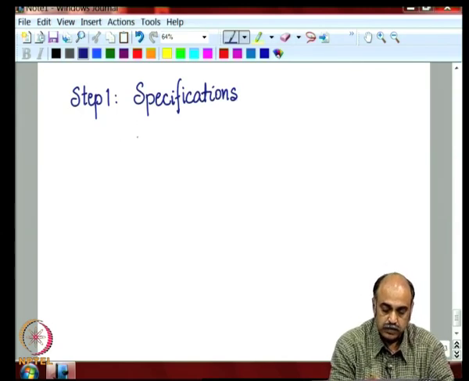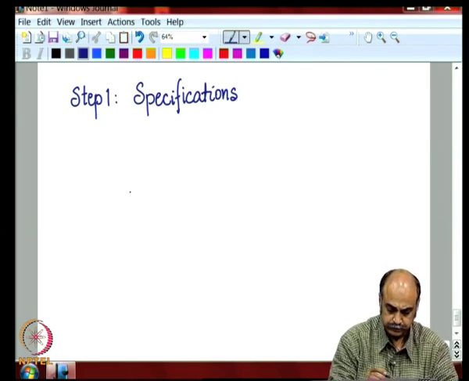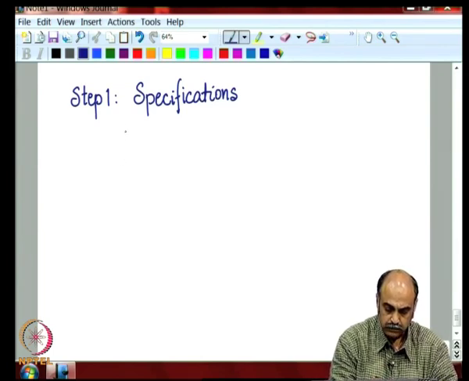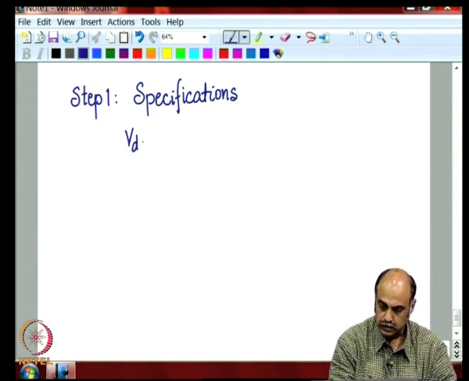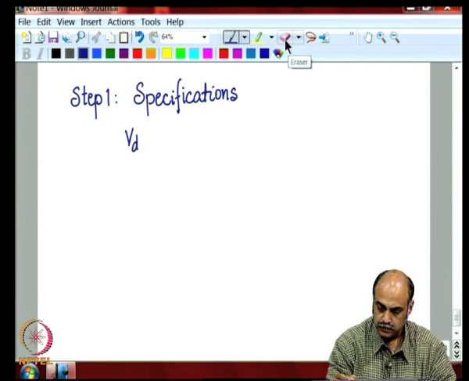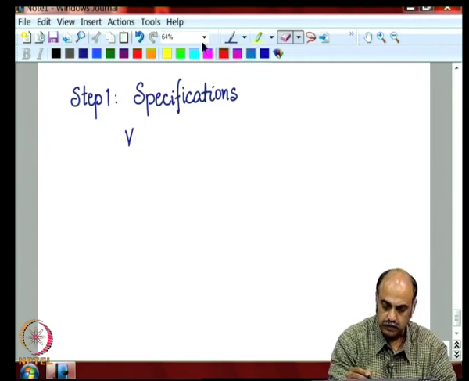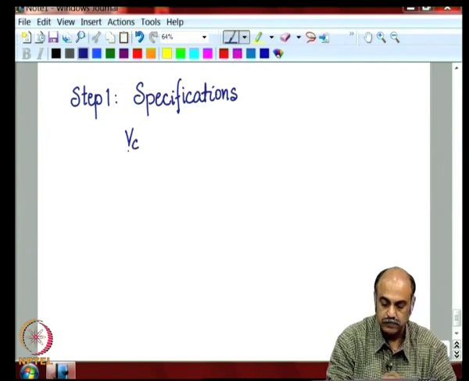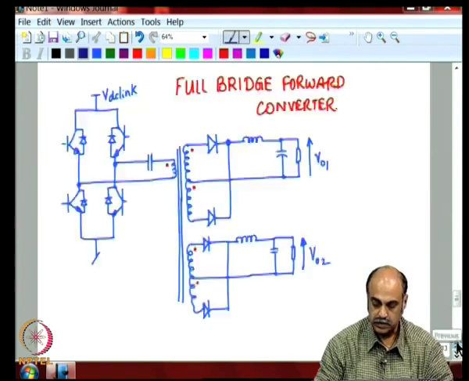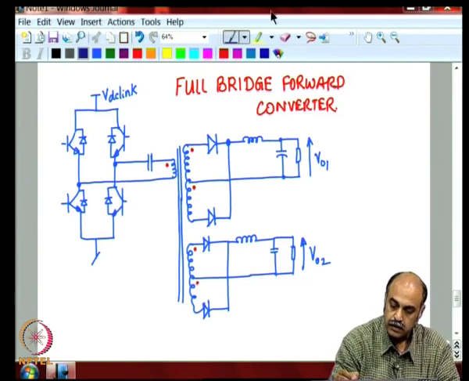Now, while listing down the specifications of the converter, now let us say VDC. Now let us give simple variables, just VC to represent this.